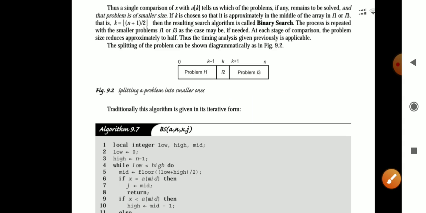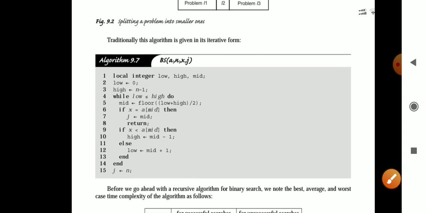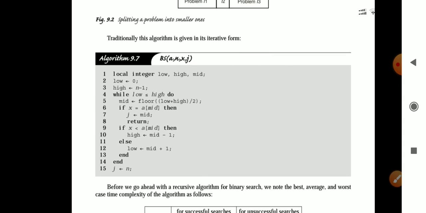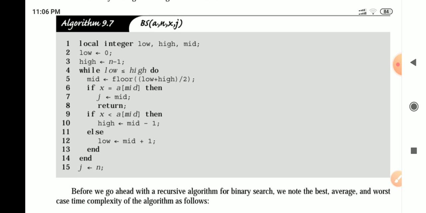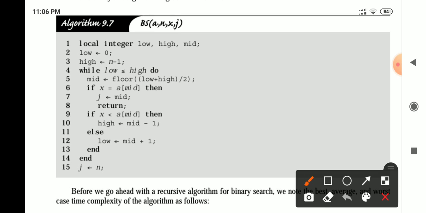The actual algorithm for binary search is given here on the screen. Here we have the search algorithm, denoted by BS. BS is nothing but binary search. After that we have A, which is the array.